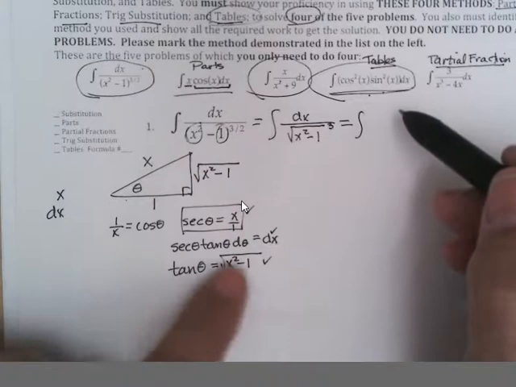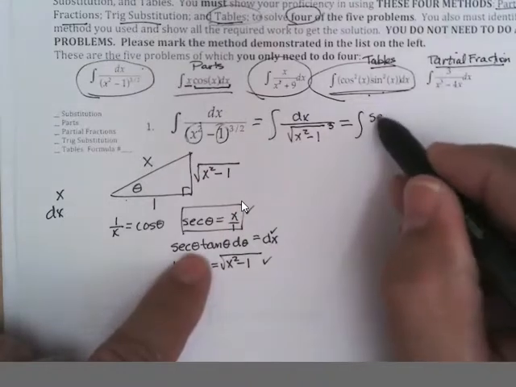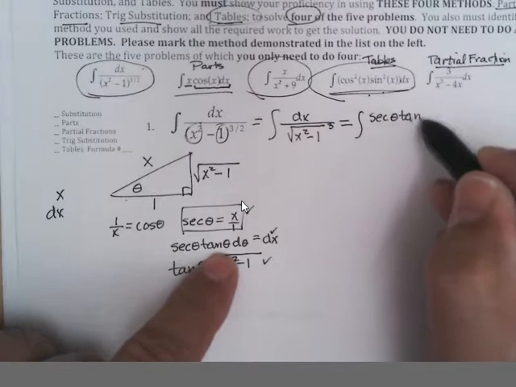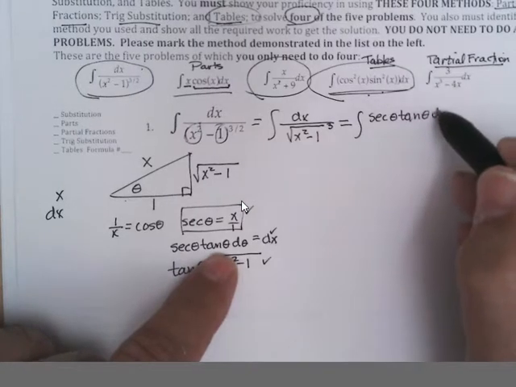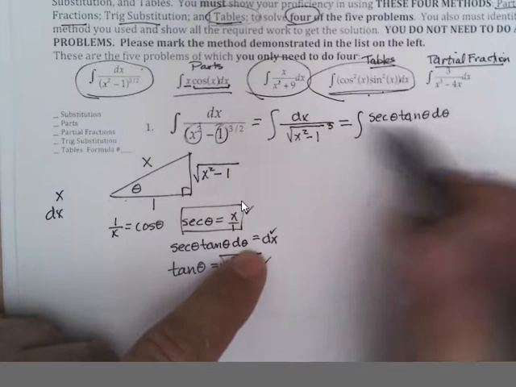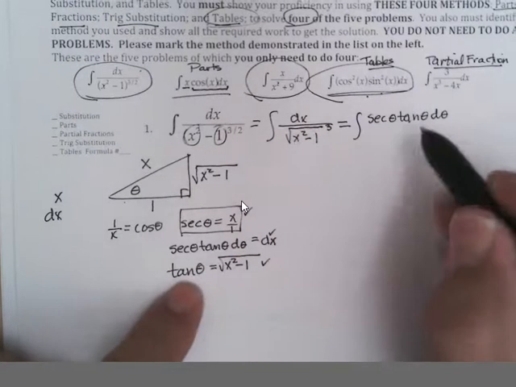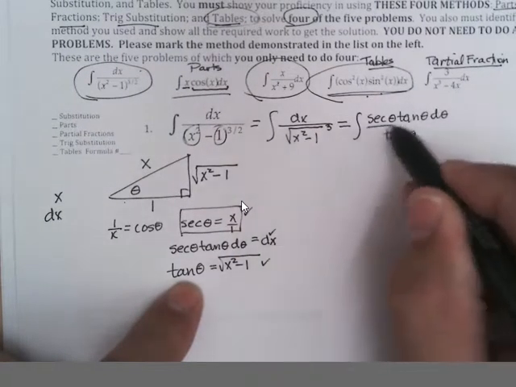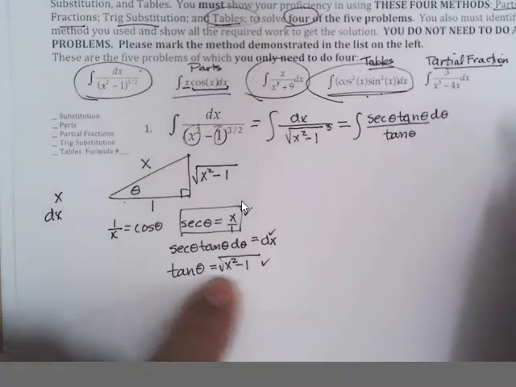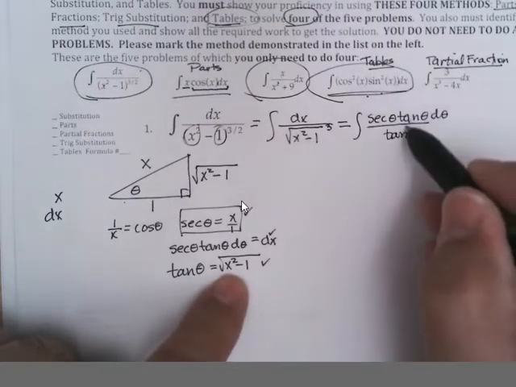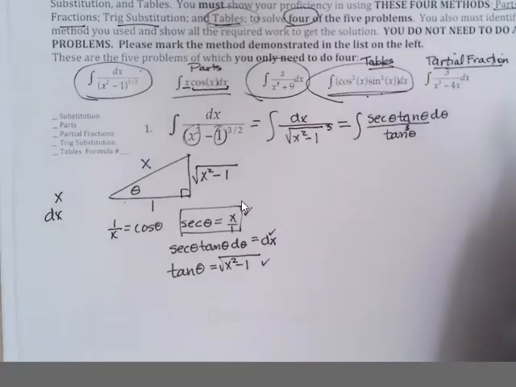I have the dx. That's secant theta tangent theta d theta. All of that for the dx. I have the square root, which is tangent theta, and it's in the denominator. And that square root is cubed, so I have to cube the tangent.